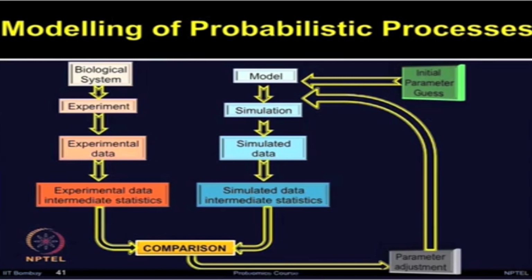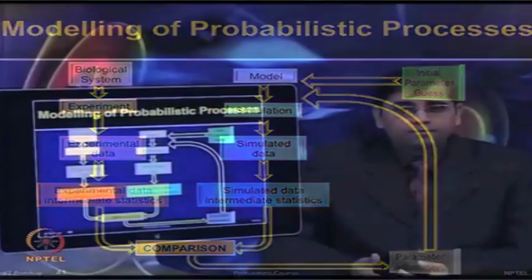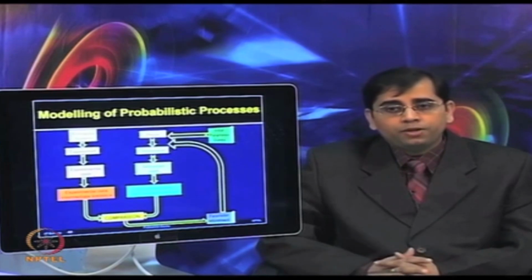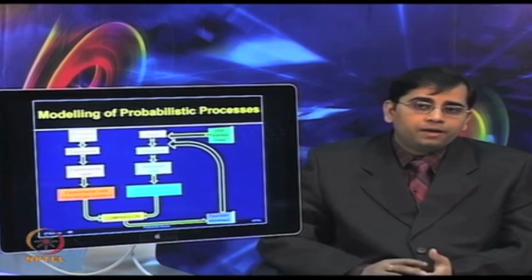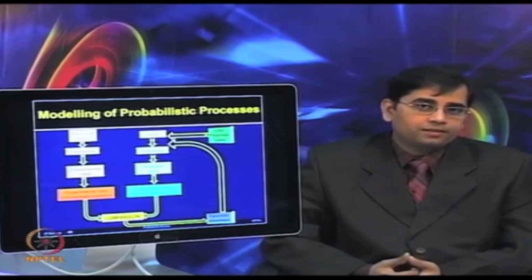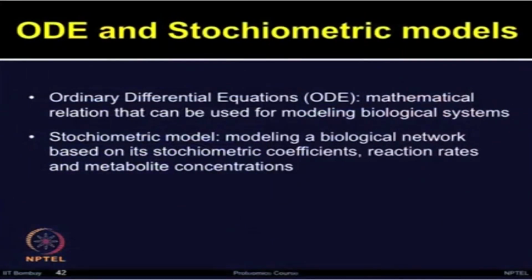Now, different types of models can be generated by using simulations and simulation data sets, which can be used for intermediate statistics, and by comparing these two types of information and adjusting the parameters, one can study the systems and derive the probabilistic processes.